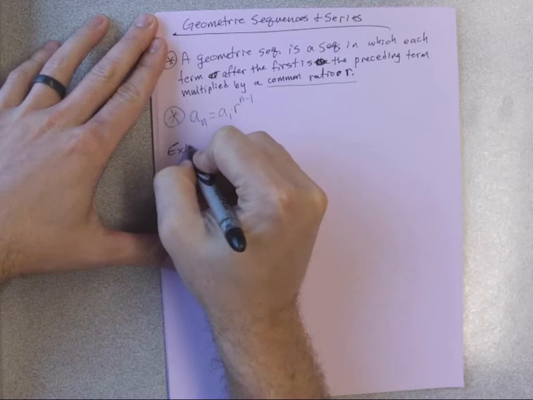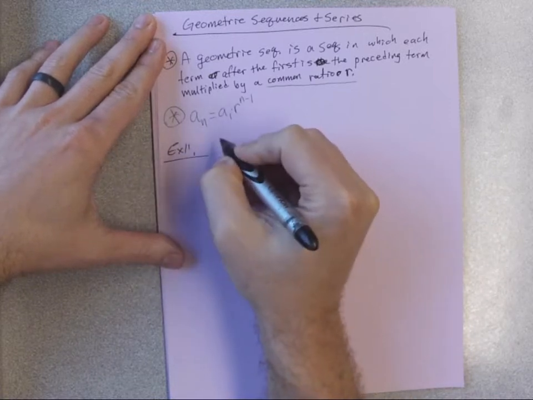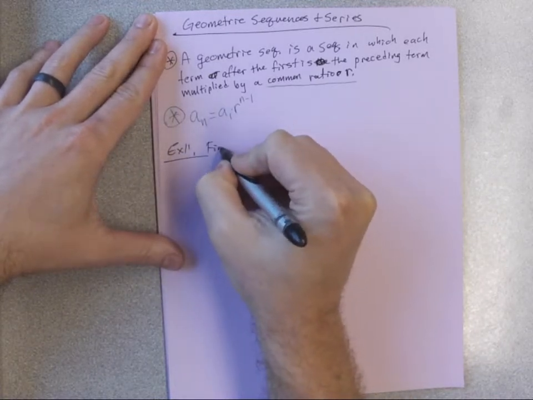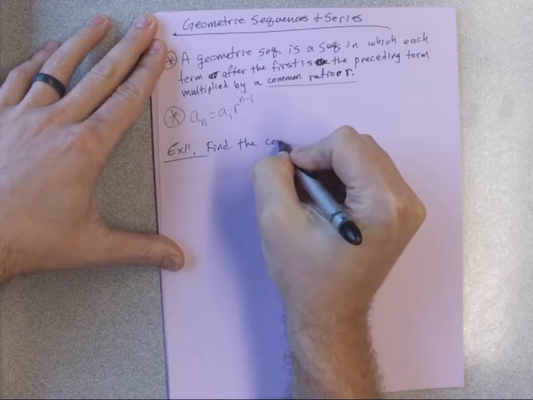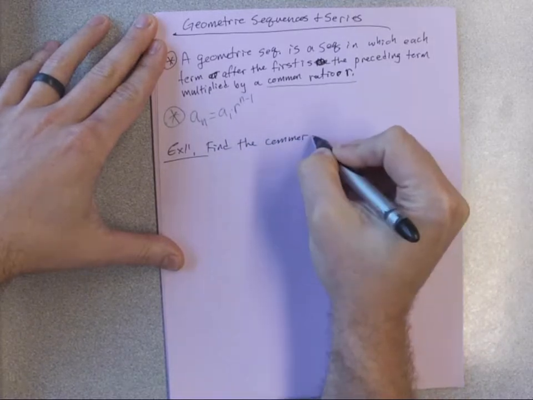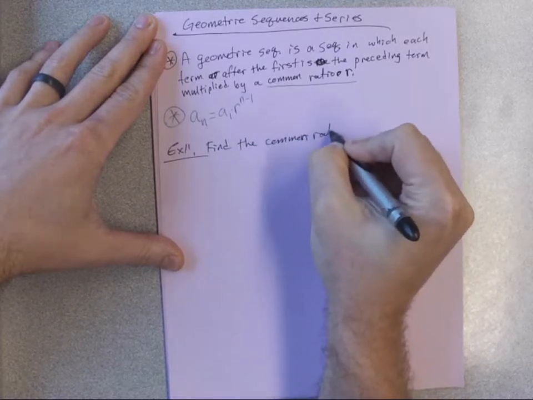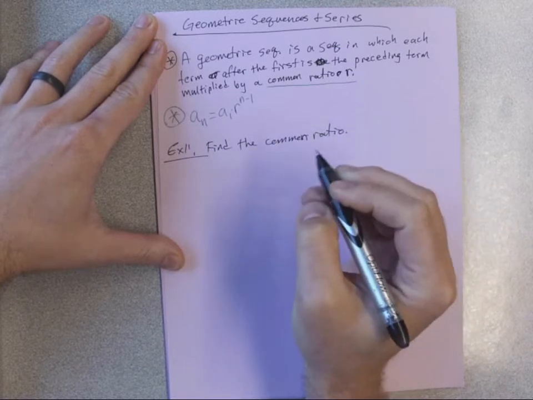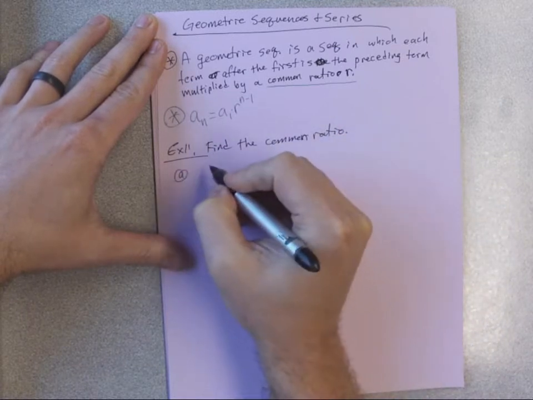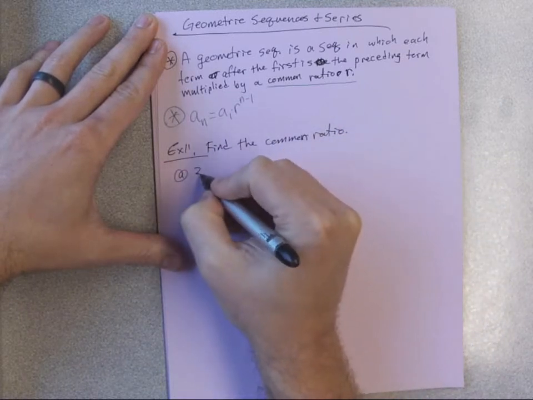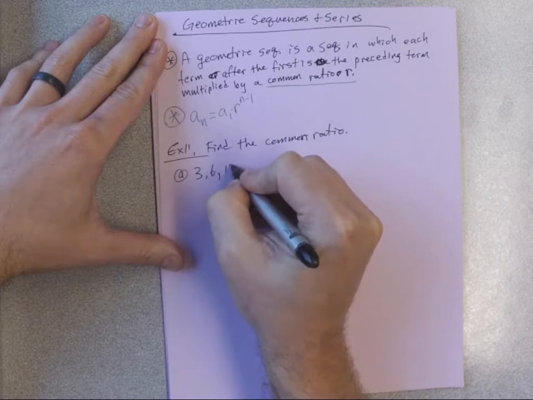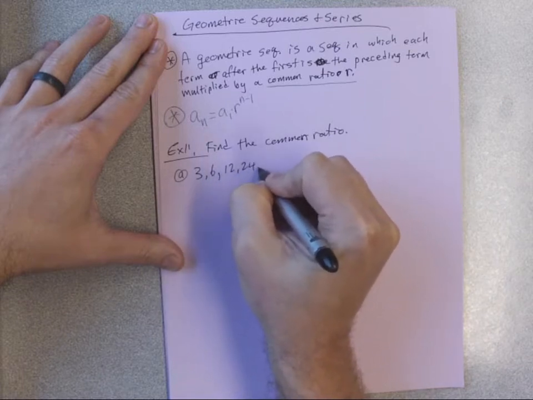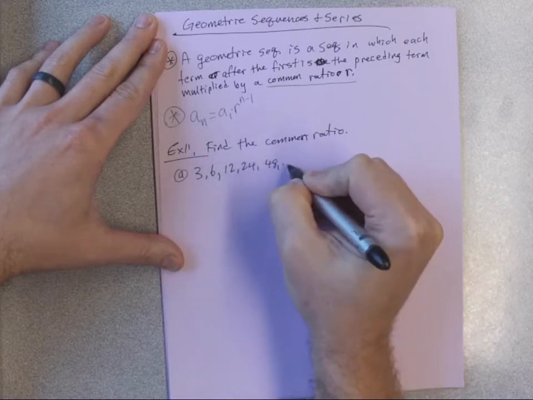Example 1. Find the common ratio. And here's part A. 3, 6, 12, 24, 48, and so on.